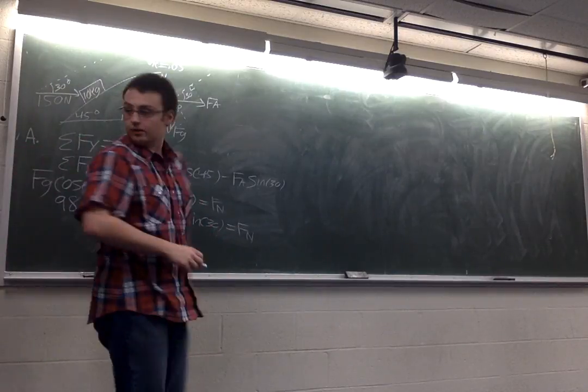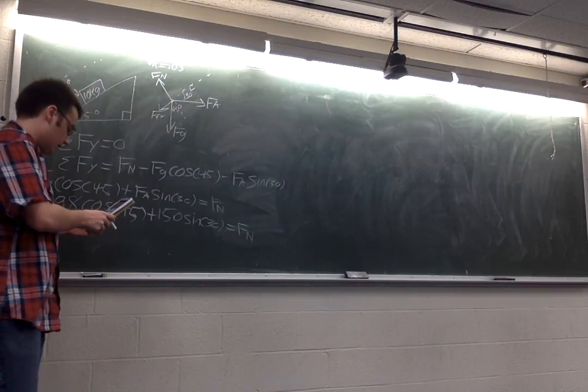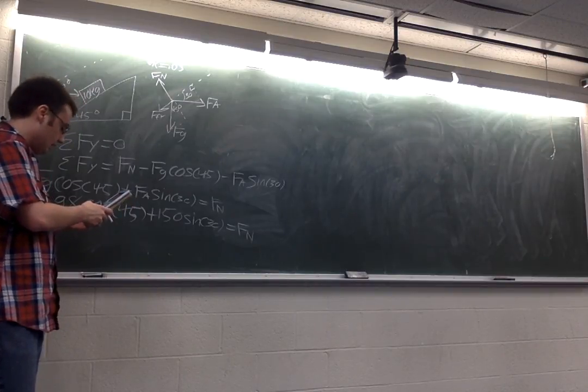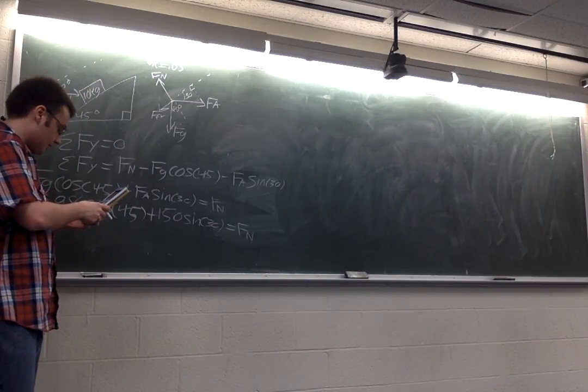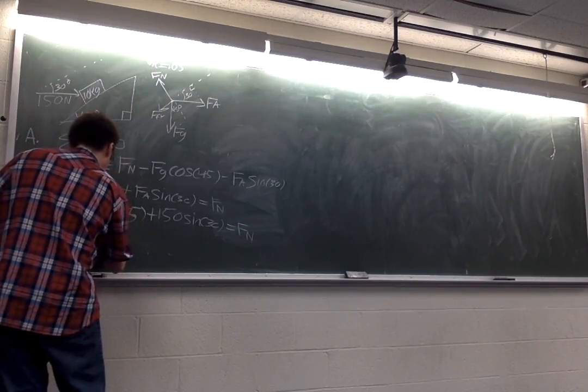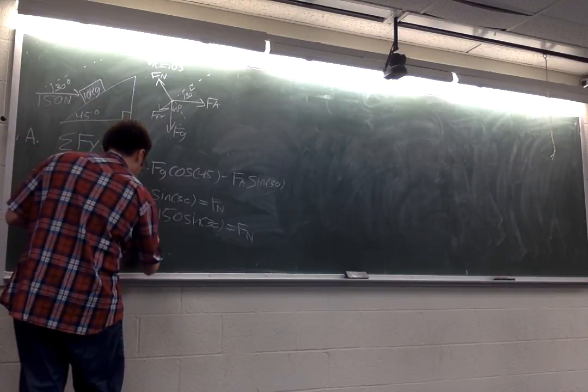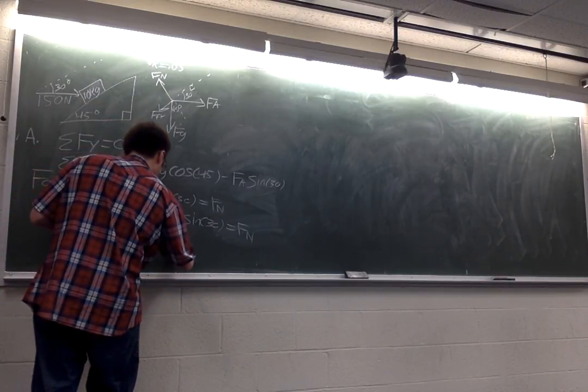Plug this into our calculator, and we will get a number. 98 cosine 45 plus 150 sine 30. So we have 144.3 is equal to the normal force.